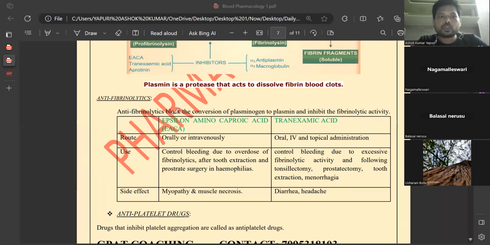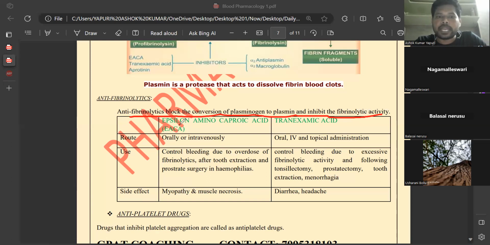Okay, so here clearly the anti-fibrinolytics block the conversion of plasminogen to plasmin and inhibit fibrinolytic activity. So these drugs prevent the conversion of plasminogen to plasmin, thereby inhibiting fibrinolysis, nothing but preventing the fibrinolytic action.